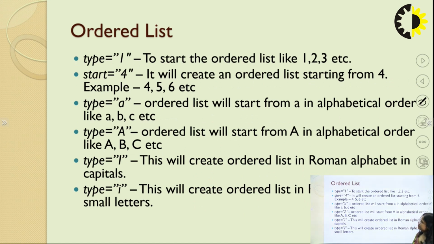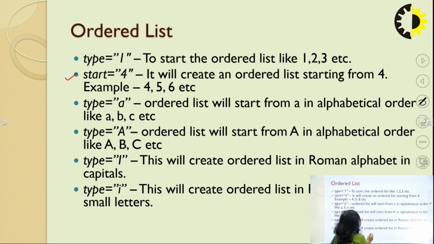As I already said, if we want to represent the list in the form of 1, 2, 3, then type is equal to 1. Start is equal to 4. What does it mean? If we want to start the list from some specific number, then we can use start.